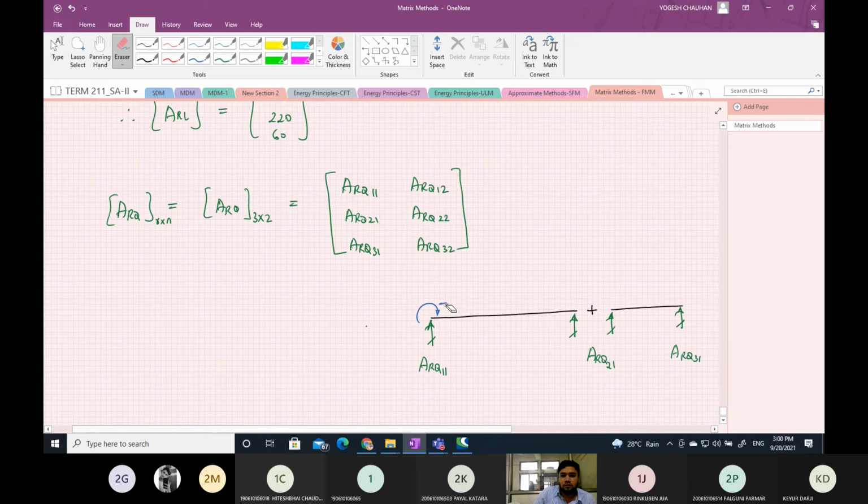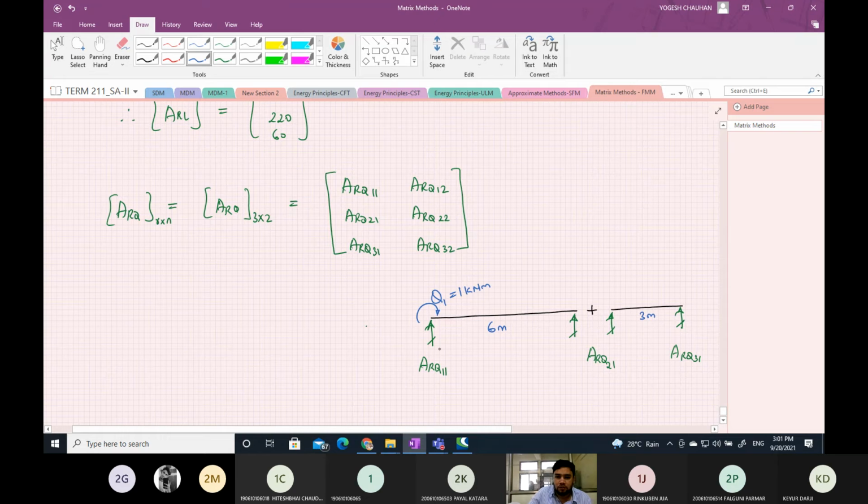This is Q1, this is 1 kilonewton meter. So because of this, there will be a reaction in this. This reaction will be, this is 6 meter, this is 3 meter.